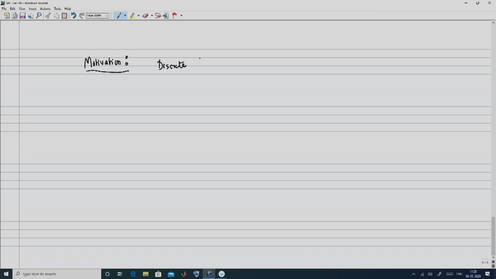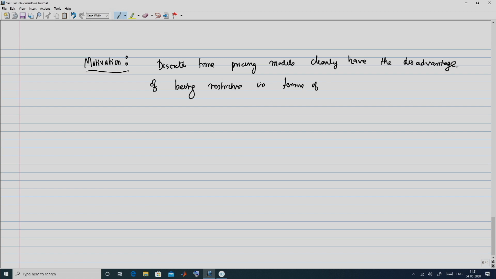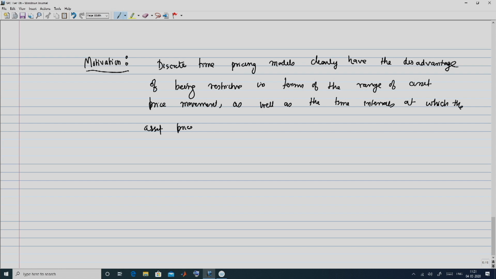The primary motivation is that the discrete time pricing models clearly have the disadvantage of being restrictive in terms of the range of asset price movement, as well as the time intervals at which the asset price movement can take place. Let me explain these two points in a slight amount of detail.